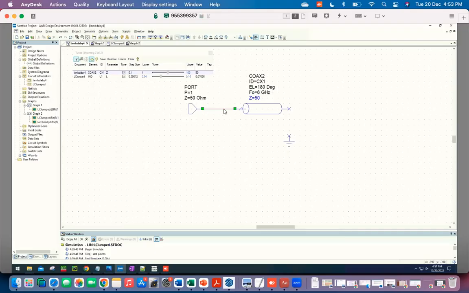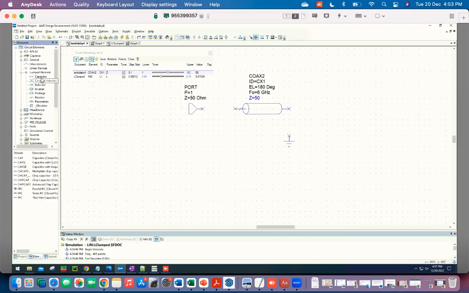So what we want to do is to put something else here. And the simplest something else you can do is a capacitor. And a capacitor which is actually small.